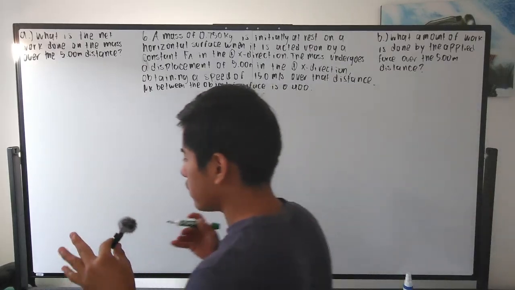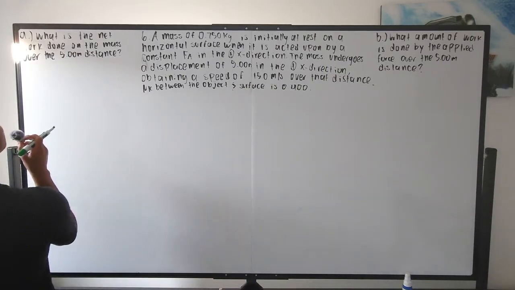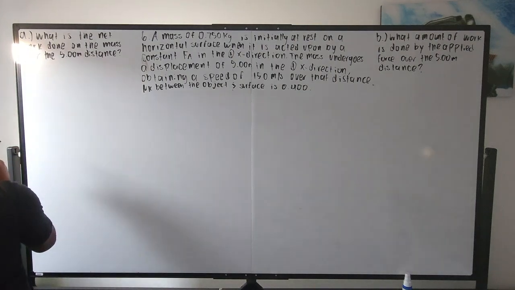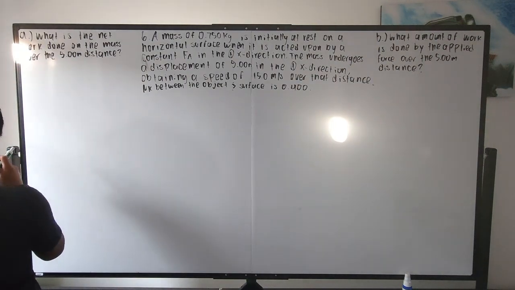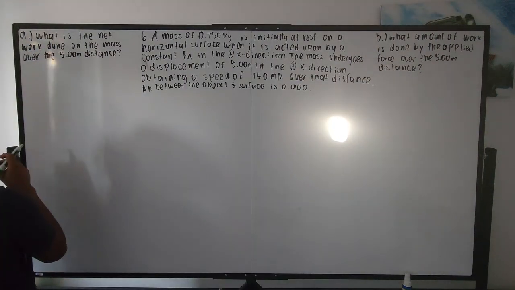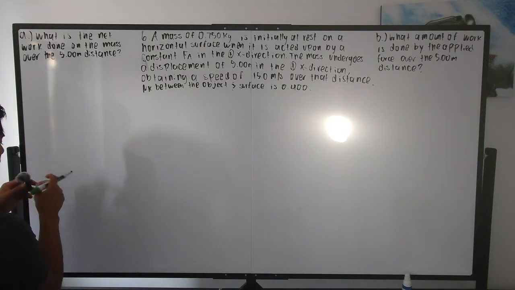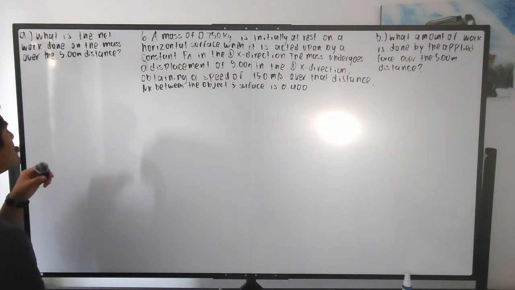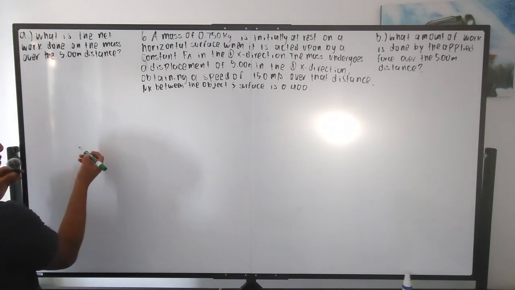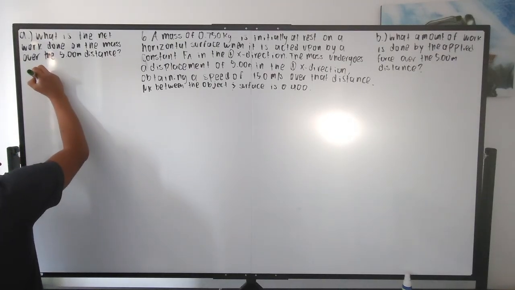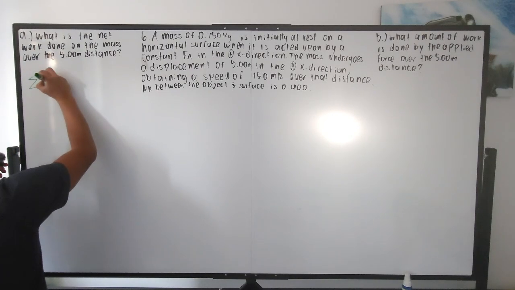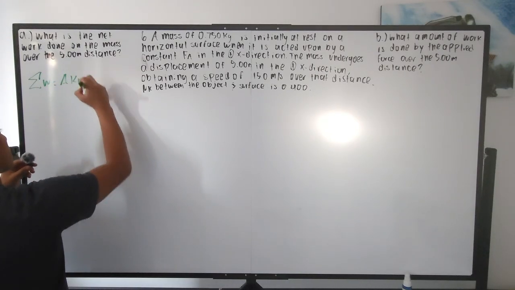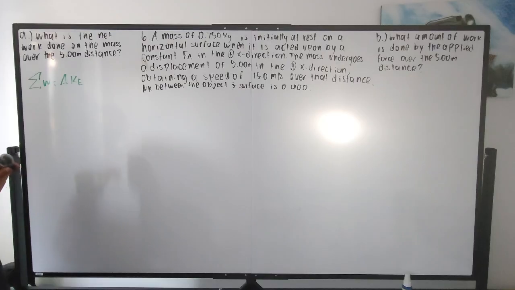The net work done on the mass. So to calculate the net work done on the mass for this part, we're just going to use the work energy theorem, which says that the sum of all the work is equal to the change in kinetic energy. And that's pretty much it.